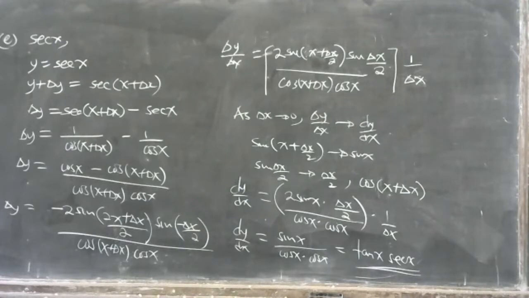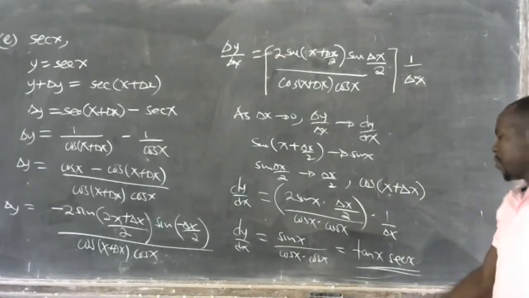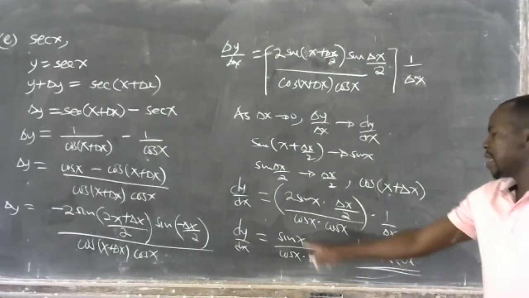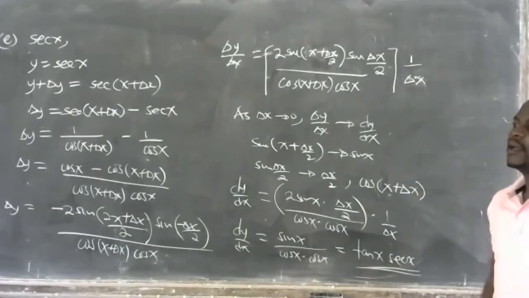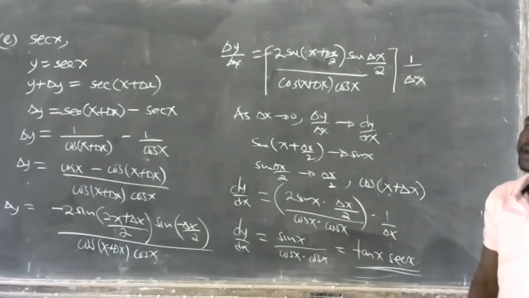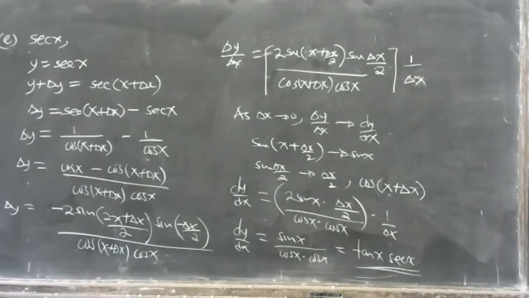Oh. Okay, but this is the best way. That would be correct, but this is how you conclude. You get sine over cos and 1 over cos to be tan sec. This is what we want. Thank you, teacher. Though that is okay, but this is the best way to conclude.